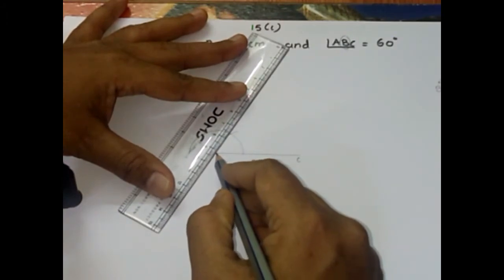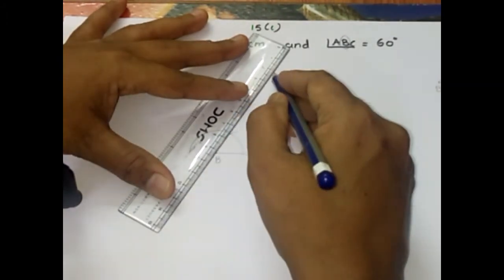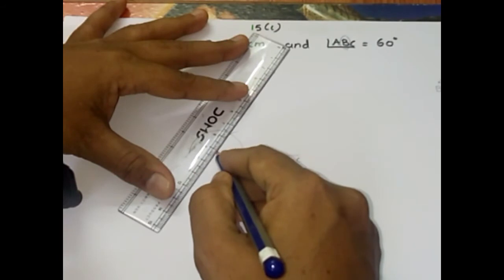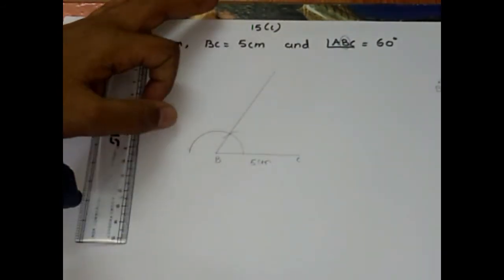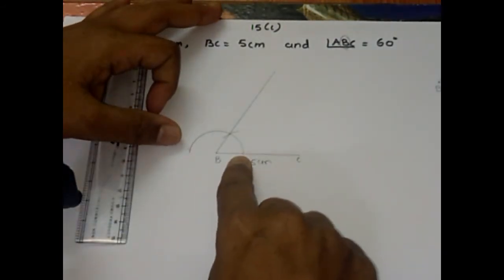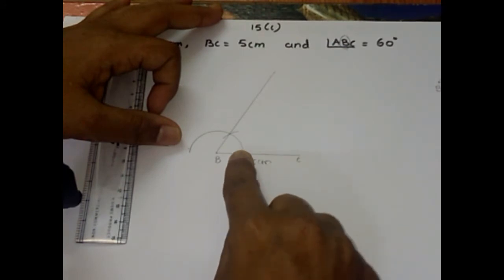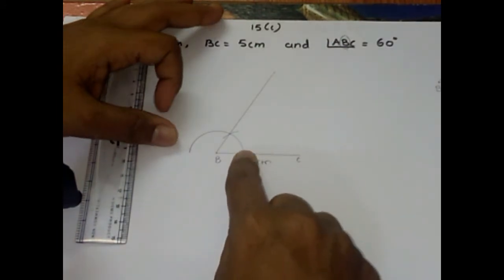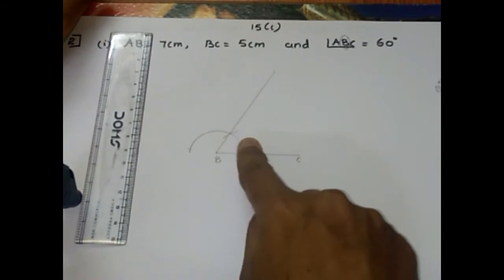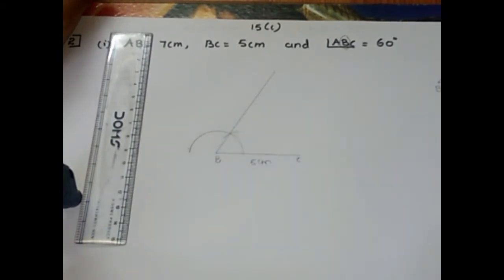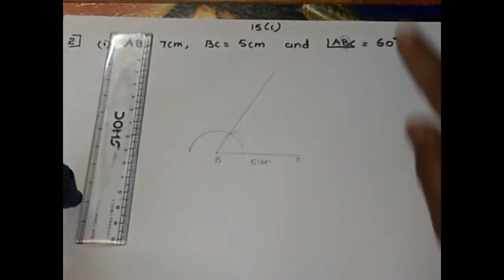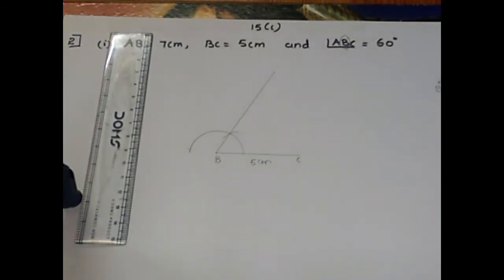So the first arc from point B should have a measurement less than half, and without changing the compass measurement, keep the point on the line where the arc has touched, and from there just cut the arc. When two arcs intersect, you will get an angle equal to 60 degrees.